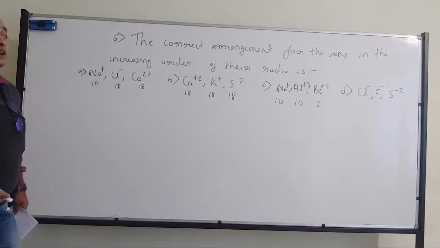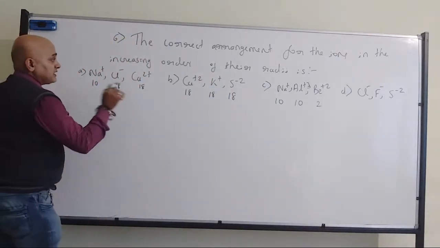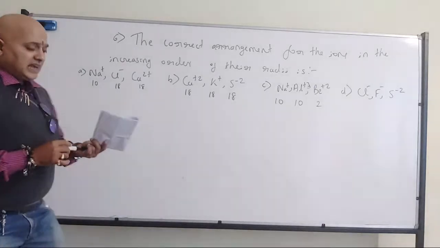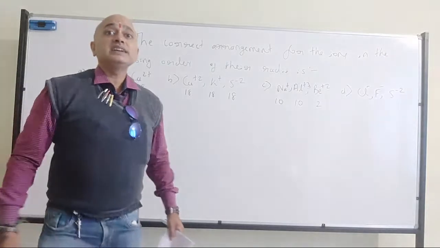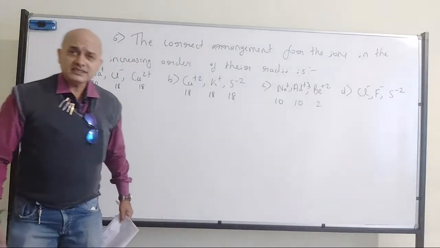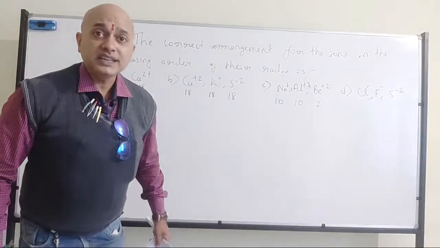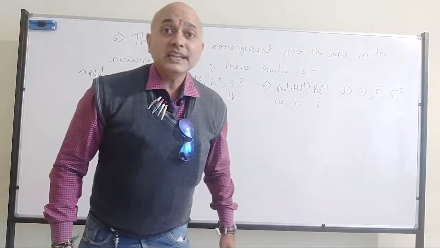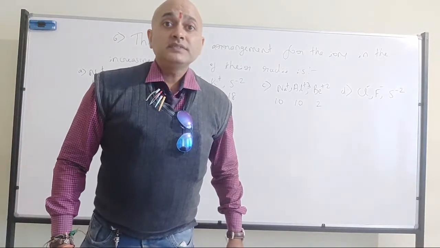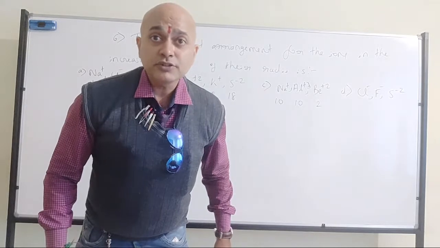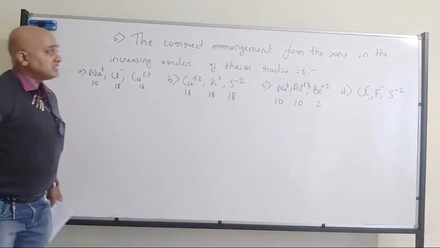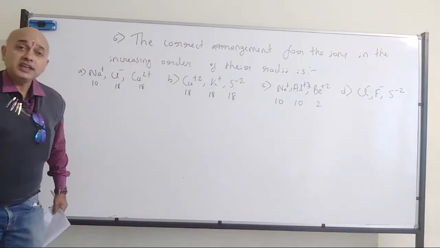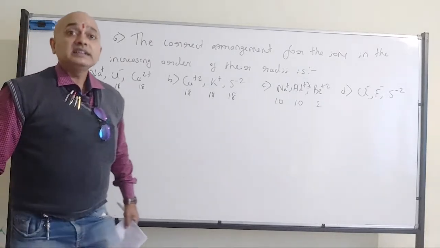Now if that is the case, we always know that in an isoelectronic species, as the positive charge increases, ionic radii is going to decrease.